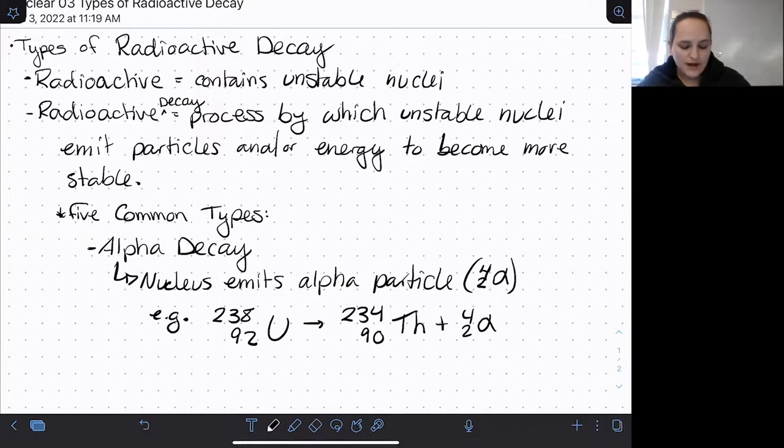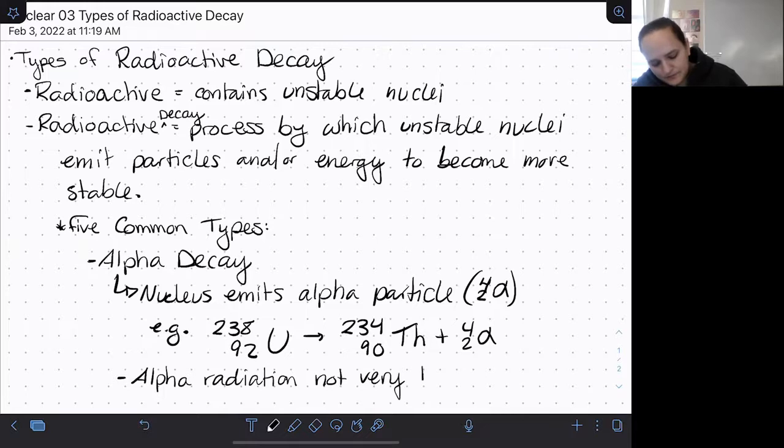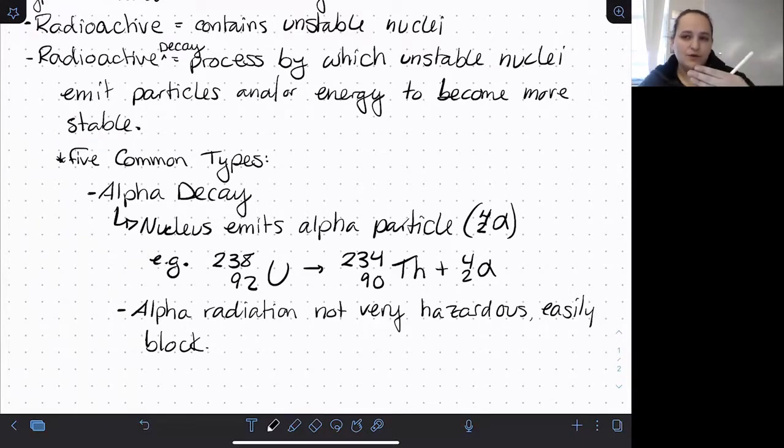Because of this, alpha radiation is relatively easily blocked, so it's not very hazardous. Basically, like your clothing or even a sheet of paper in between an alpha radiation source and your body is enough to protect you, and even just your skin does a pretty good job.